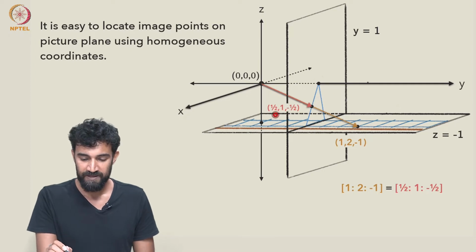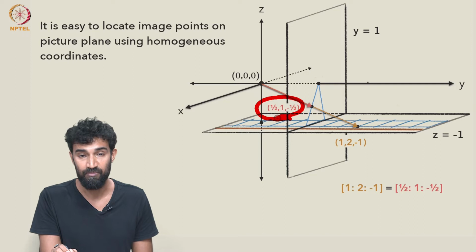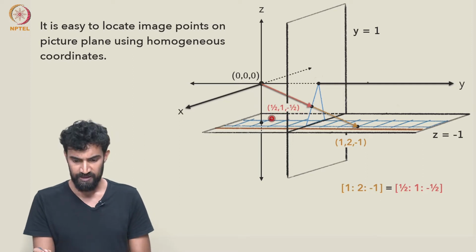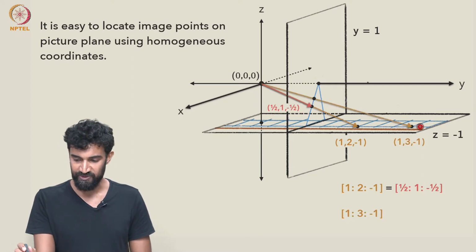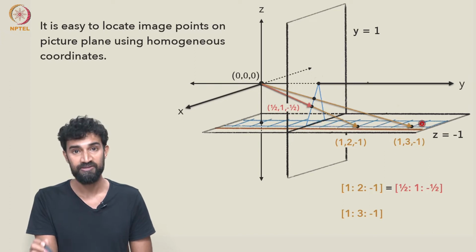So the image point of this point in the picture plane is this point, 1/2, 1, -1/2. And similarly, we can look at this point here, 1, 3, -1. It's a little further along the side rail.